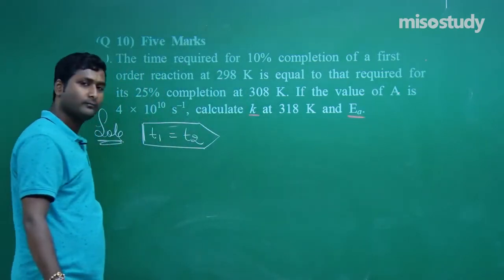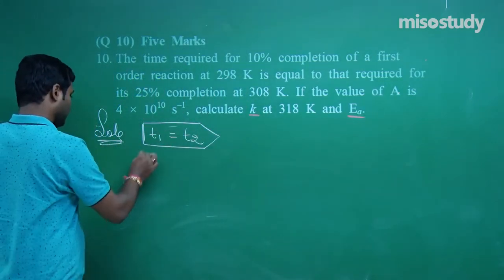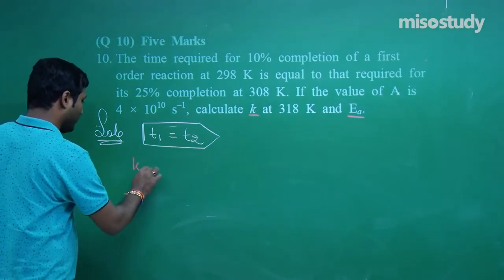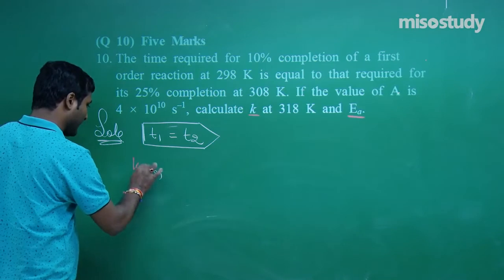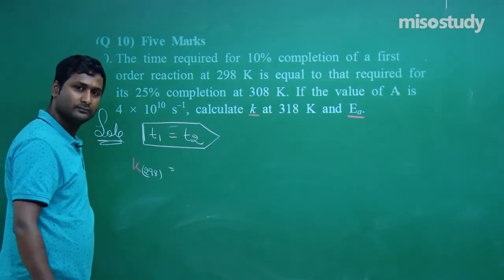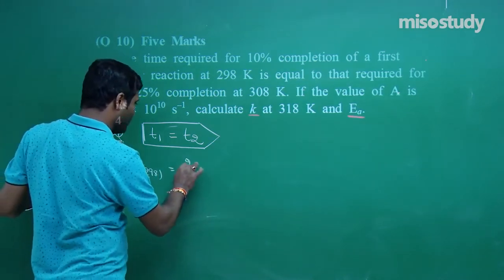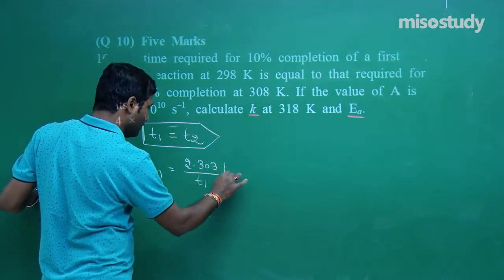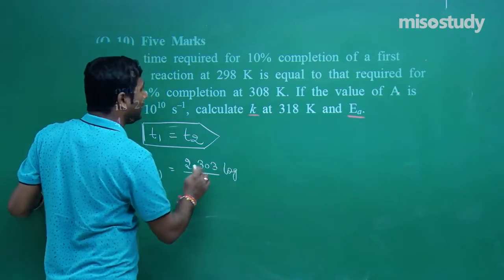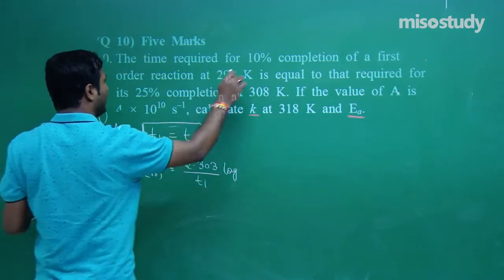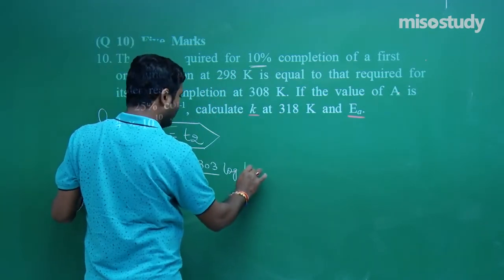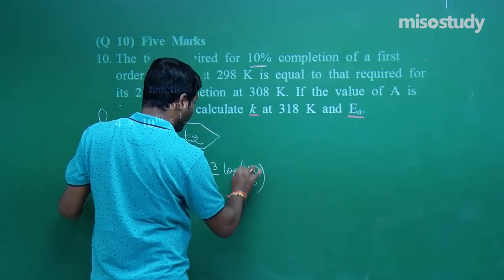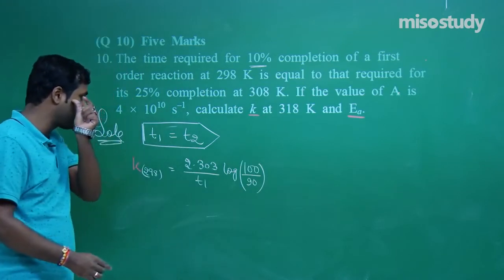It's very simple. Now, we have to find the value of K at 298 Kelvin. It is equal to 2.303 upon T1 log A naught upon A. For 10% completion, A naught is 100 and A is, my friend, 90, not 10. 10% completion, remaining amount is 90.